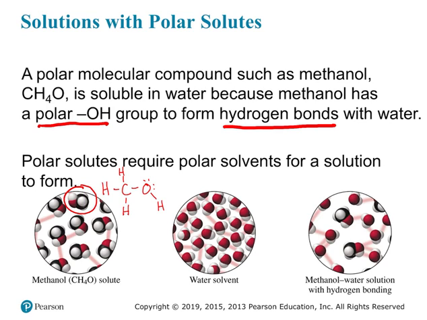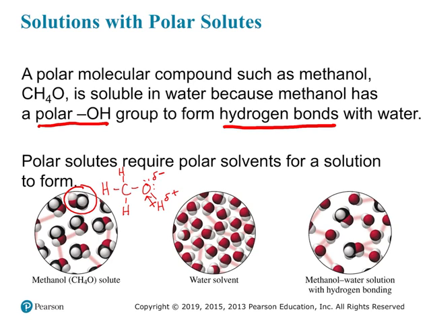And if we looked up the electronegativity values for each of these atoms, we would find that carbon and hydrogen bonds are fairly nonpolar. But oxygen and hydrogen bonds are polar. So we do have polarity in that OH bond. So we have a partial negative on oxygen and a partial positive on hydrogen.